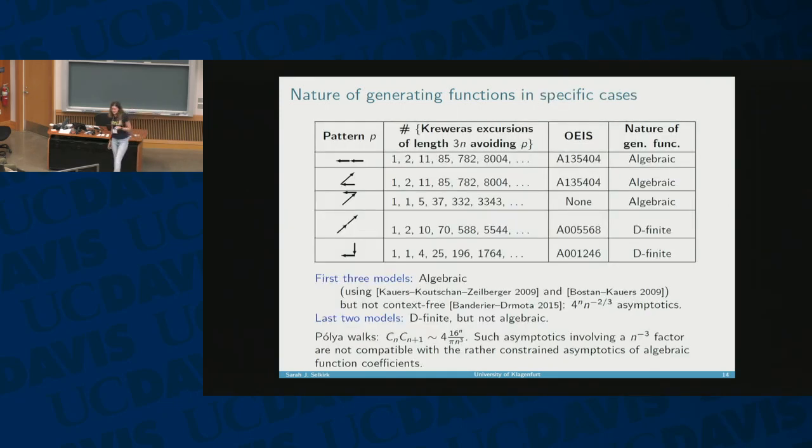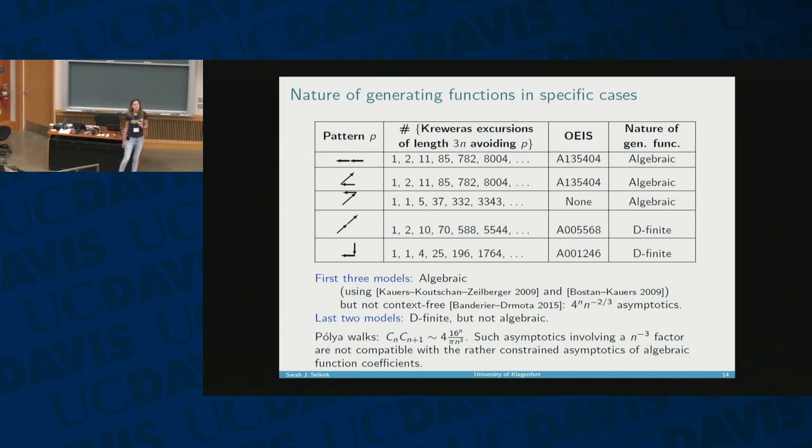And so we can ask, well, in our Kreweras case, we've now drawn these connections. In the first three cases, these are related to Gessel walks, and Gessel walks have been proved, after quite a long time, to be algebraic. So Gessel meanders are algebraic, so all three of these are algebraic. And then the last two are d-finite.